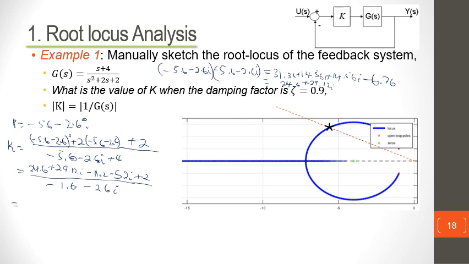And then this gives us, if you do the multiplication, you'll find that you get 15.4 plus 23.92 i, over negative 1.6 minus 2.6 i.